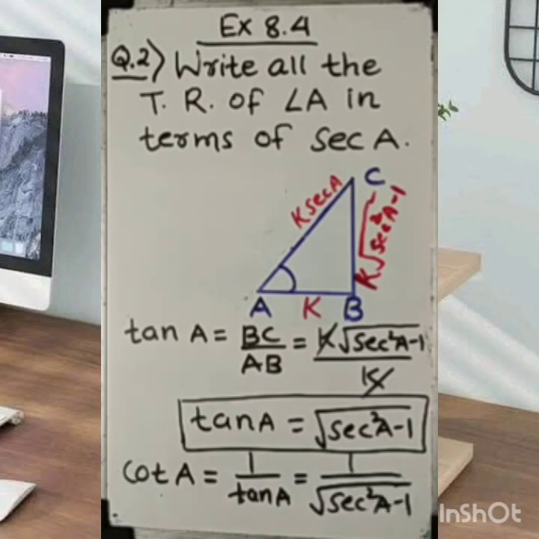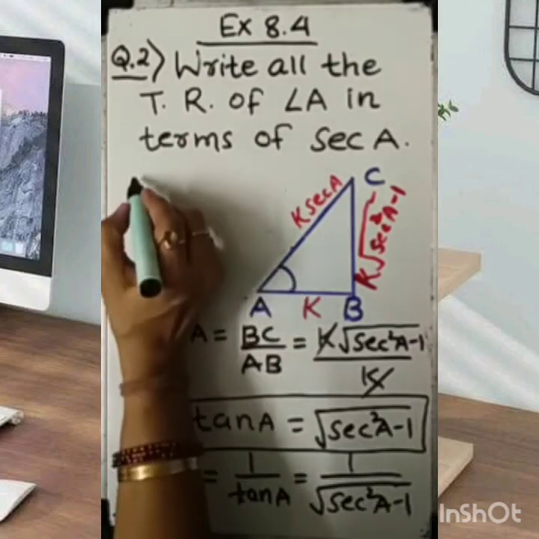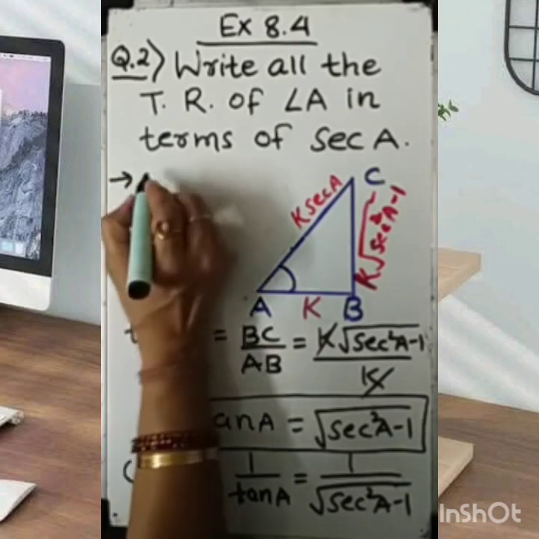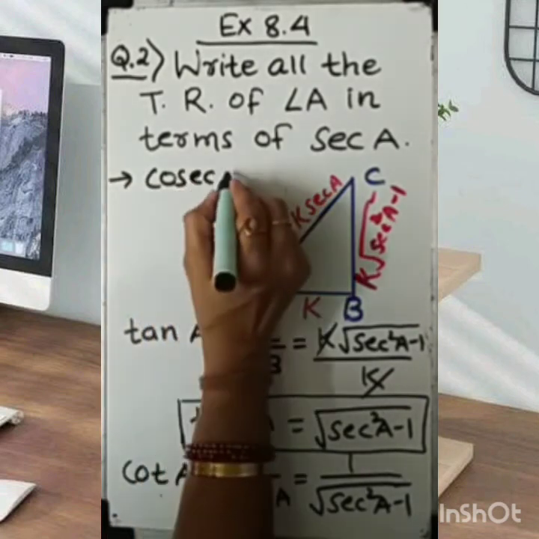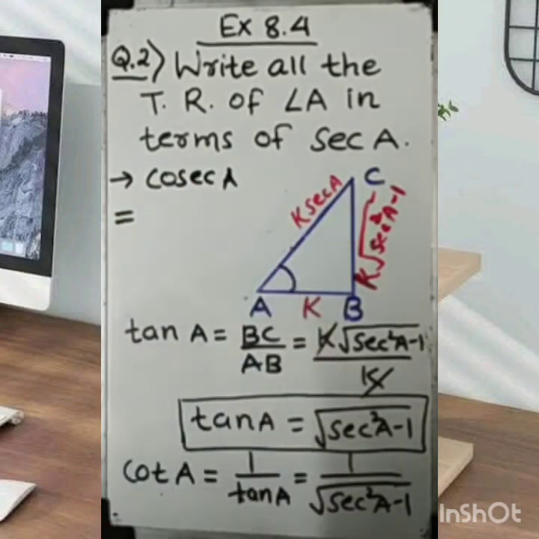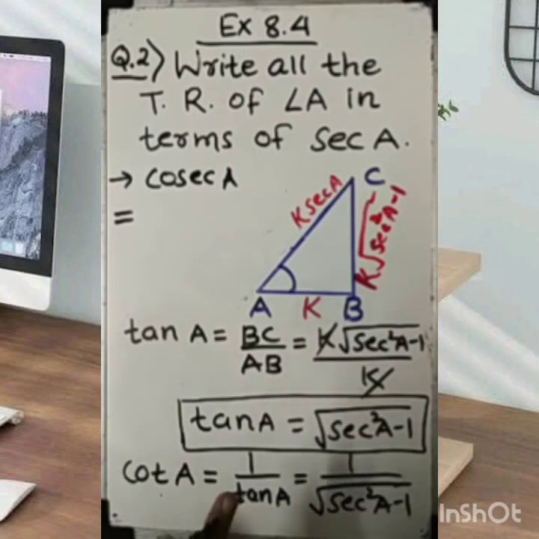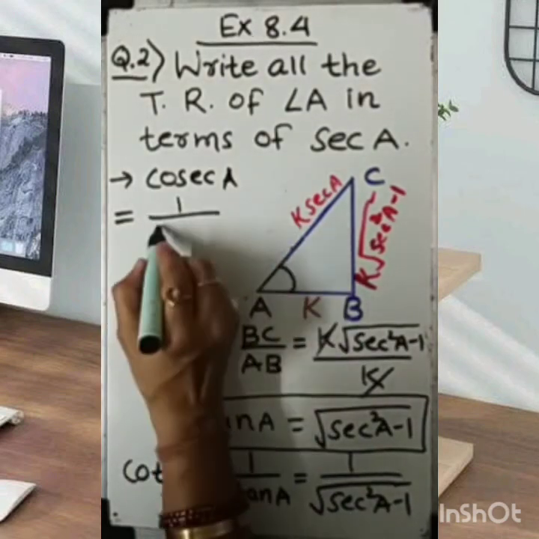Got it? One more is left, that is cosec A. Okay, so I am writing here cosec A. Now cosec is the inverse of sine. So can I write it is 1 upon sine A?